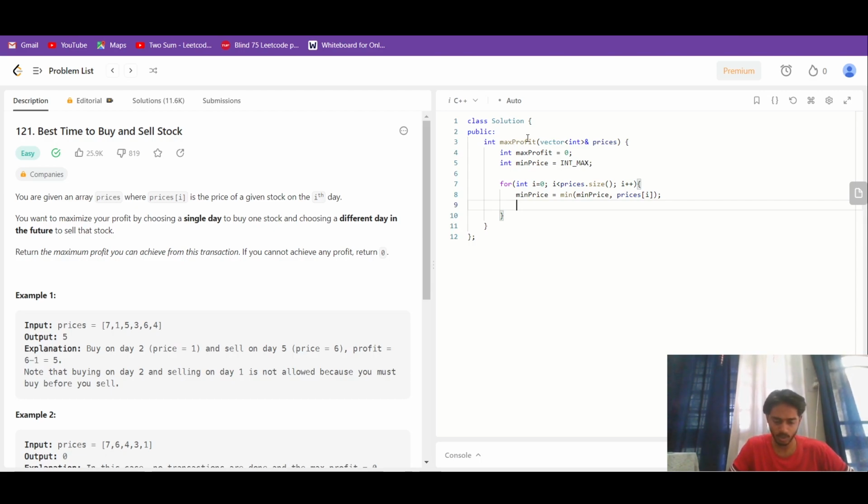So the profit would be prices[i] minus the minimum price.